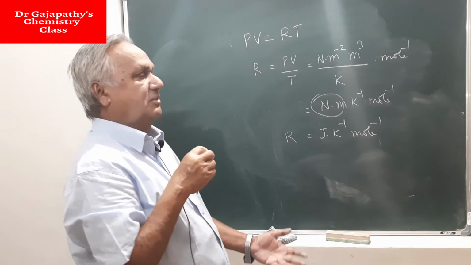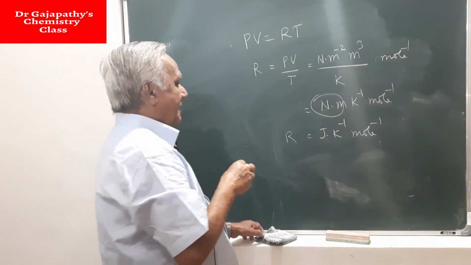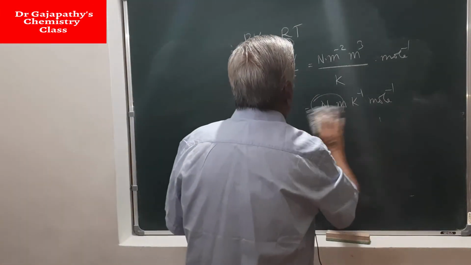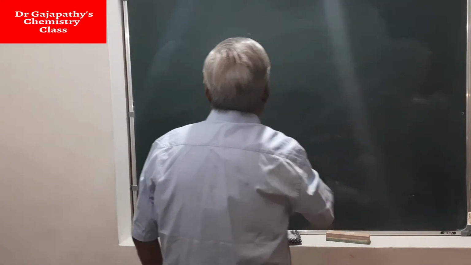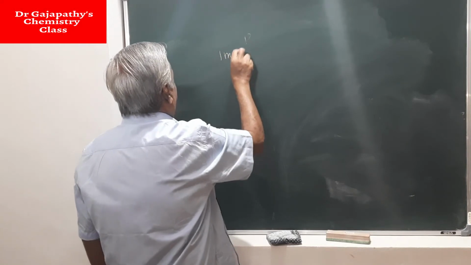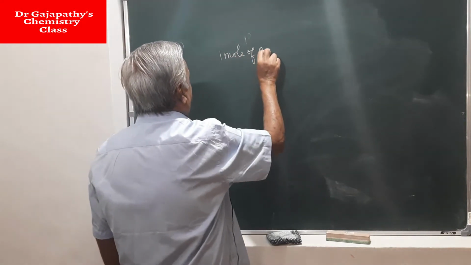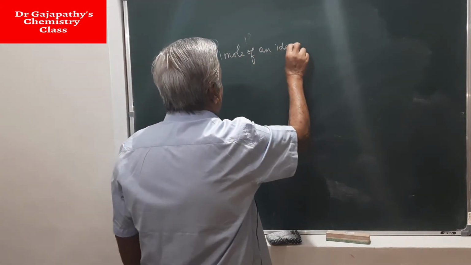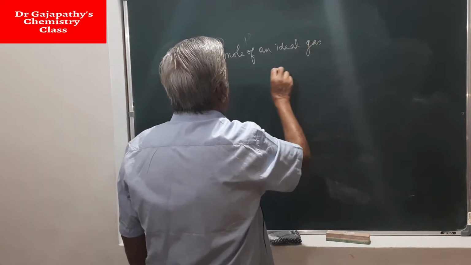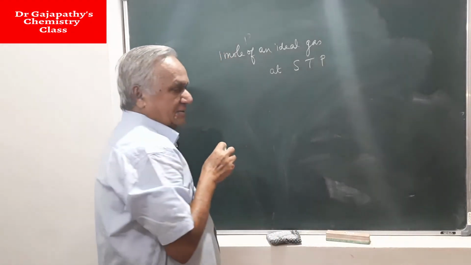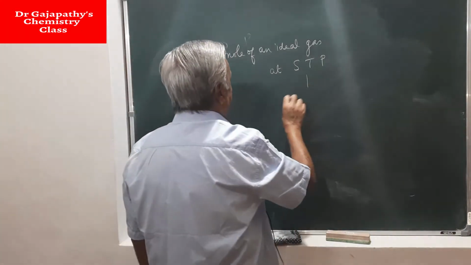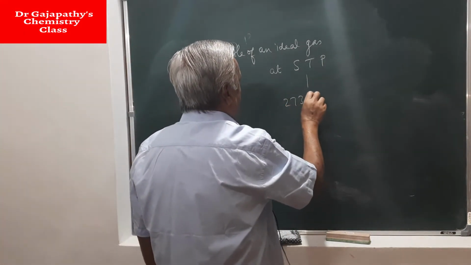Let us calculate what is the value of R. Imagine I have 1 mole of a gas at standard temperature and pressure. Standard temperature is 273.14 Kelvin.